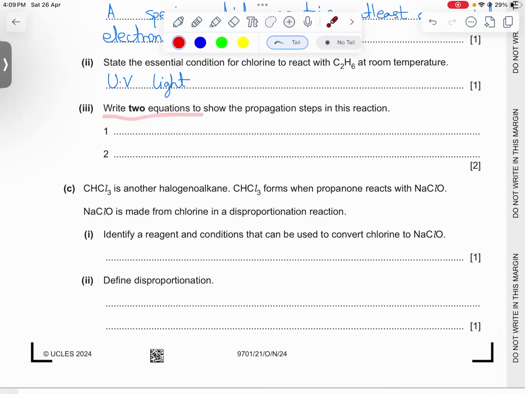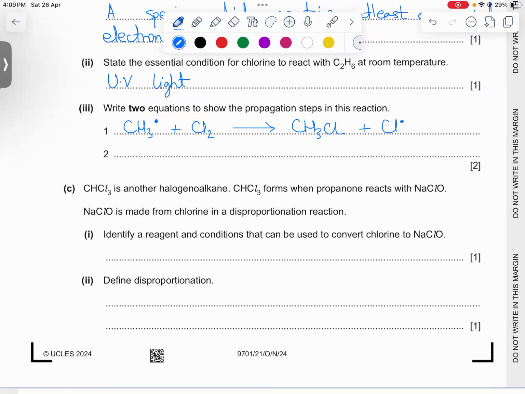Write two equations to show the propagation steps in this reaction. A propagation step is one in which a free radical, for example CH3 free radical, reacts with Cl2 and produces CH3Cl plus Cl free radical.